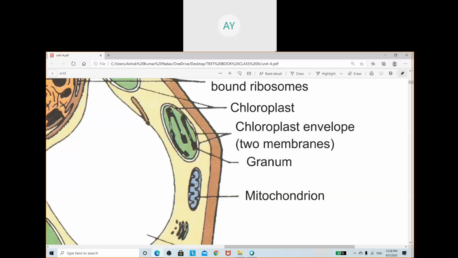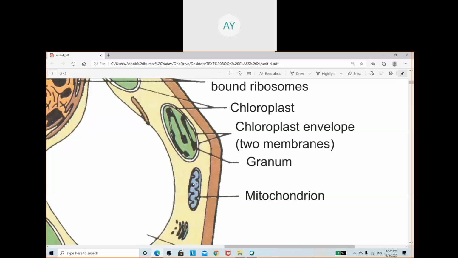So you will find, due to release of H plus ion and presence of ATP synthase on the F0 F1 particle, it is responsible for making ATP synthesis.